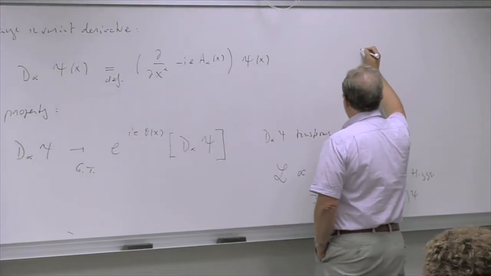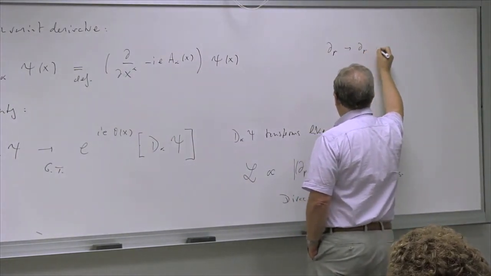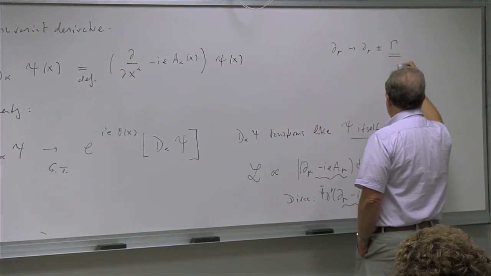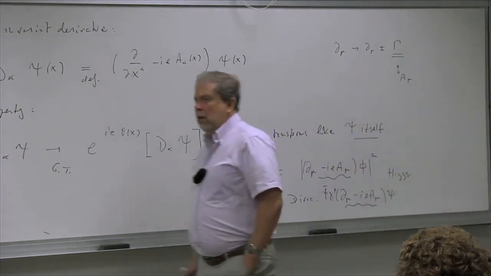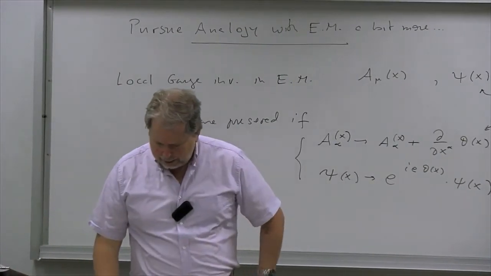So in gravity, it is the replacement of derivatives by derivatives plus or minus this gamma term. So this gamma term is playing the role of the electromagnetic field. That is the thing that needs to be added so that the equations are invariant.